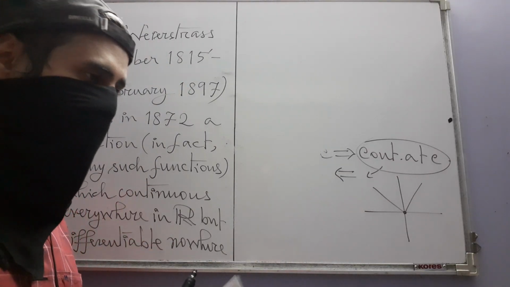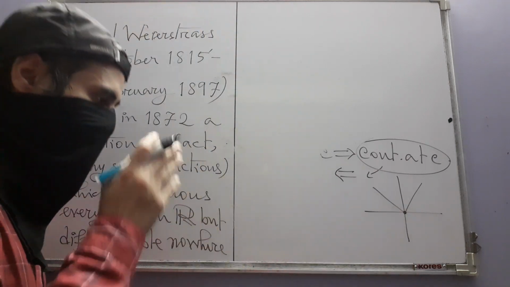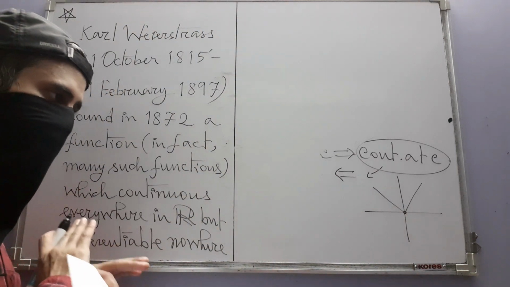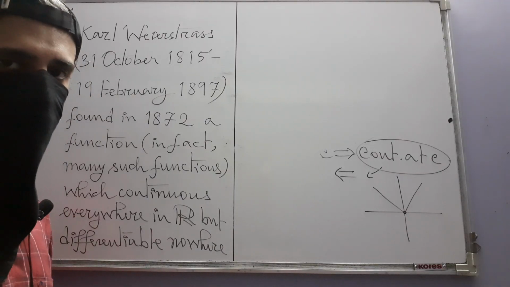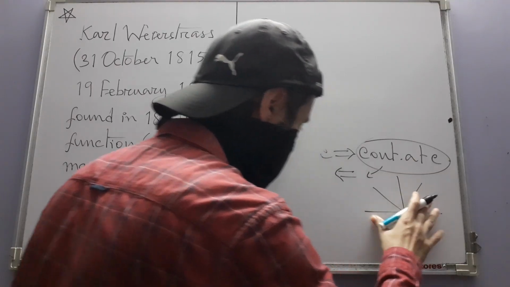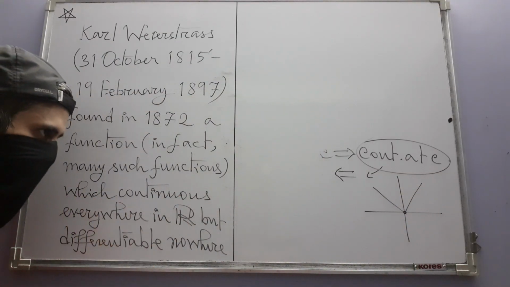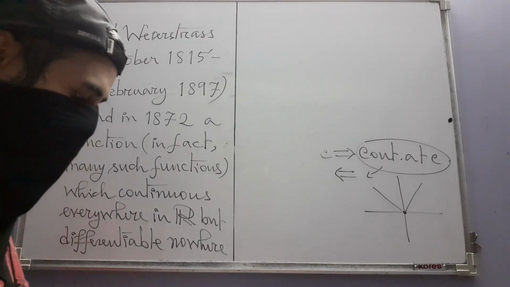No matter how much you magnify, you keep on getting these sharp ends. The function becomes smooth in no region at all. It is because of this apparent geometric impossibility that people failed to see that such functions can even exist. And one example is this.